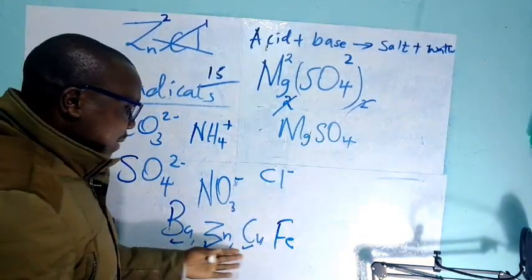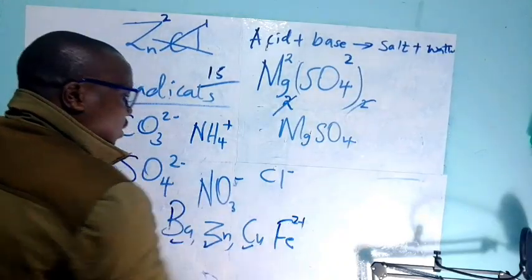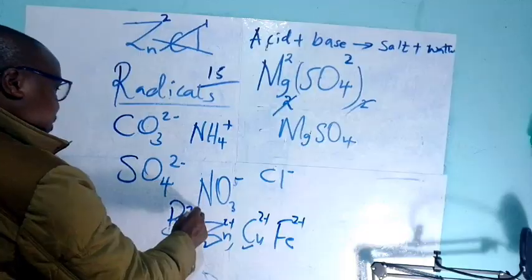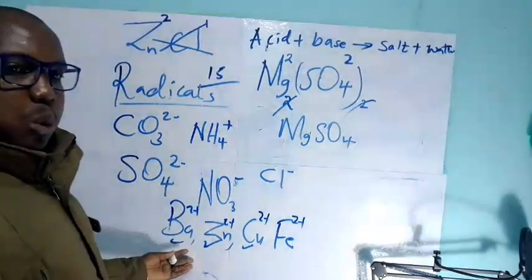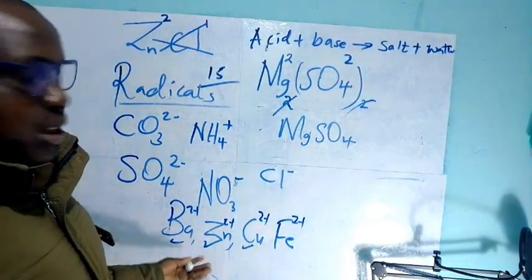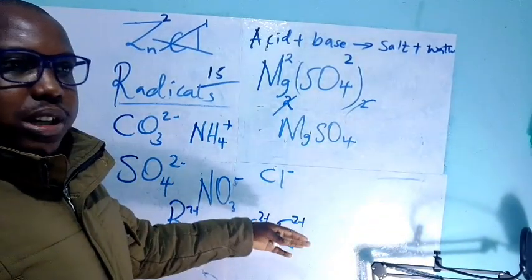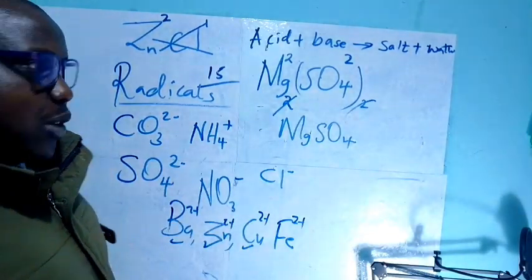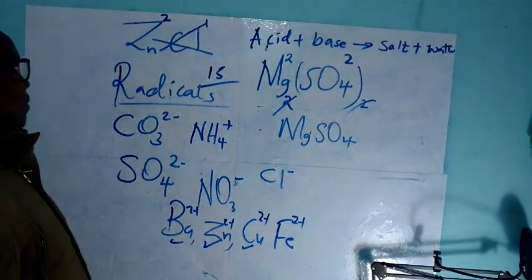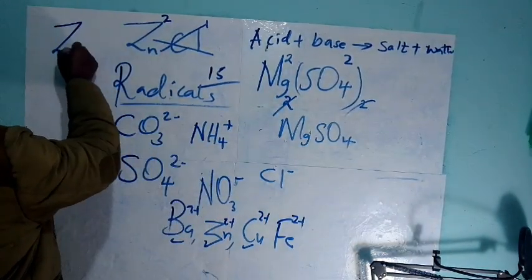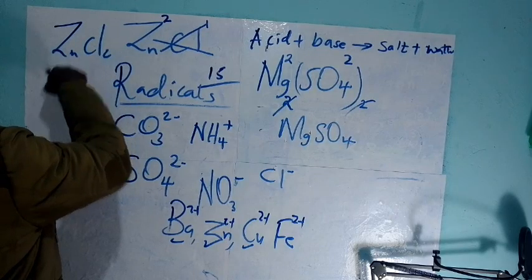But all the others have a valence of 2. The elements which are not in the first 20 elements that we use normally have a valence of 2, unless it is iron, which you will be told if it is iron 2 or iron 3. So here they exchange, and we will have zinc chloride.